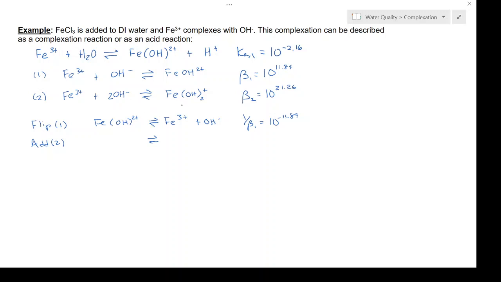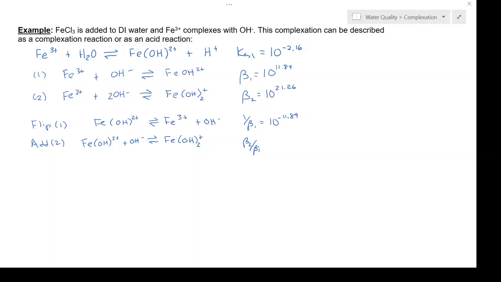The iron complex cancels out, and I'm left with FeOH 2+ plus hydroxide going to the other complex, Fe(OH)2+. Then I'm going to have beta 2 over beta 1, because when we add two reactions together, we multiply their equilibrium constants.